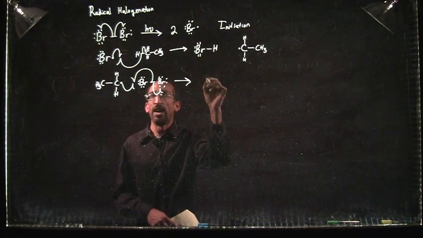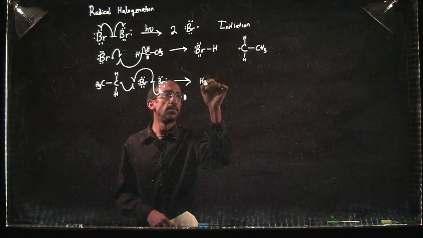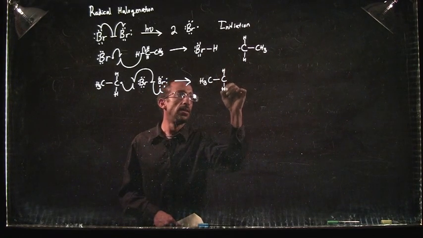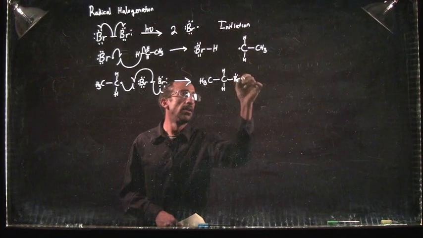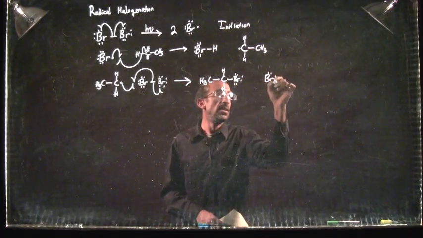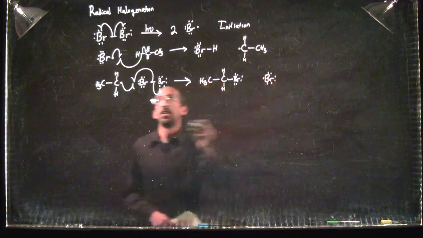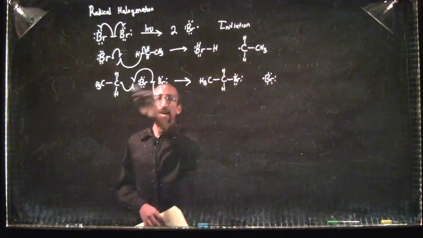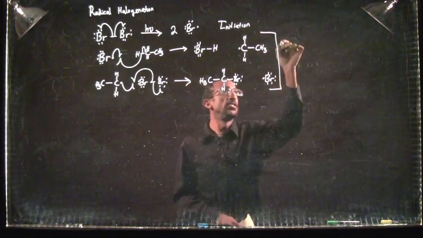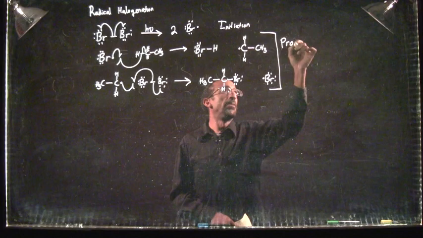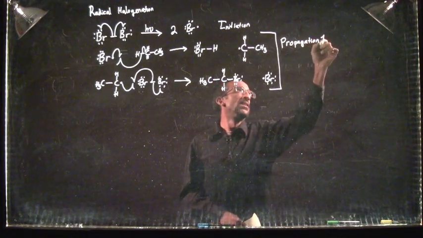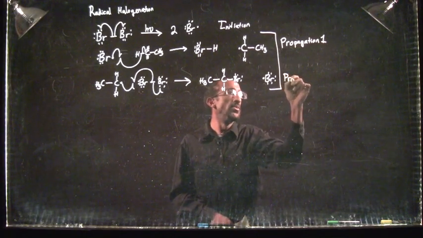That's going to give us our halogenated alkane, and a new bromine radical that can go back here and repeat this process. These two steps are known as propagation steps. This is known as propagation 1, and this is known as propagation 2.